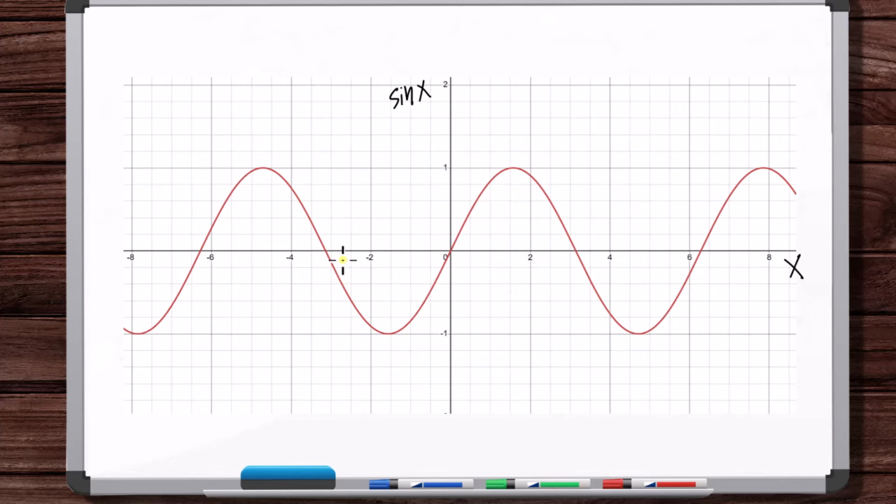We are thinking about stretching or shrinking about the x or y-axis in this section. And also we can think about flipping the sine or cosine about the x or y-axis. But right now there's no thought about shifting sine x or cosine x up or down or left or right.